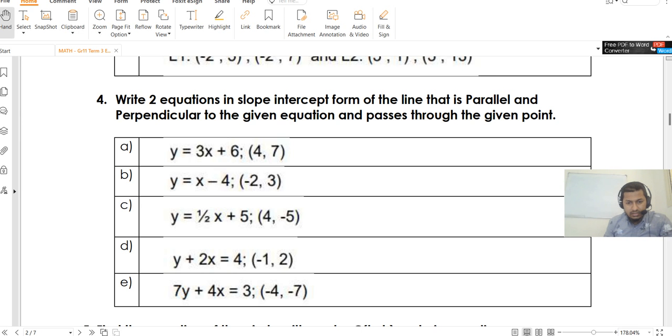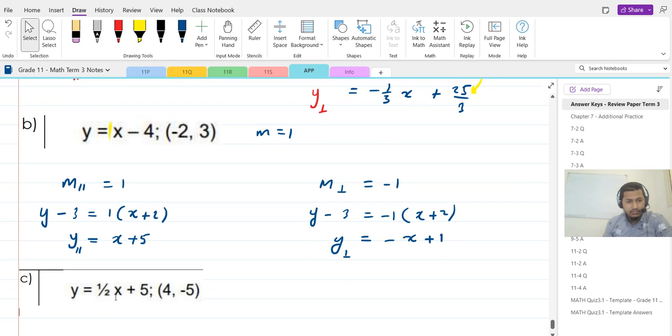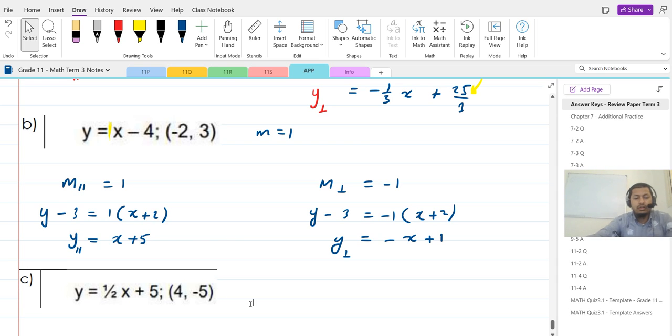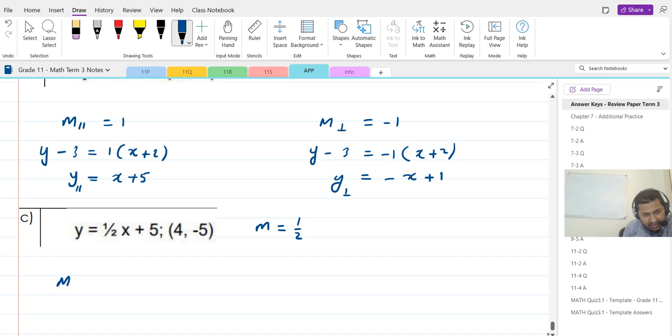C. Right, so as we see here in problem C, the slope is half. So the parallel slope will also be half because parallel lines have equal slopes, and the perpendicular slope will be the negative reciprocal, so it becomes 2 over 1, so negative 2.